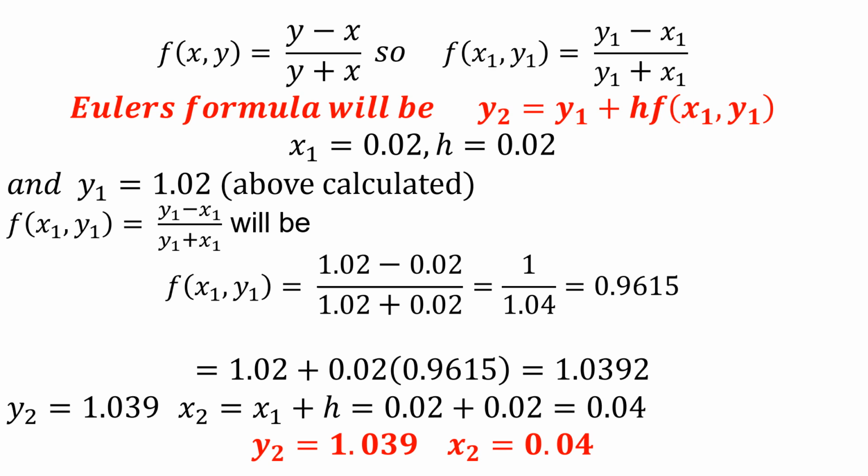This is x, y1, right? So y2 we have calculated. y2 is equal to 1.039. This is the value of y1. Sorry, I should write y1 here also. So that is y1.